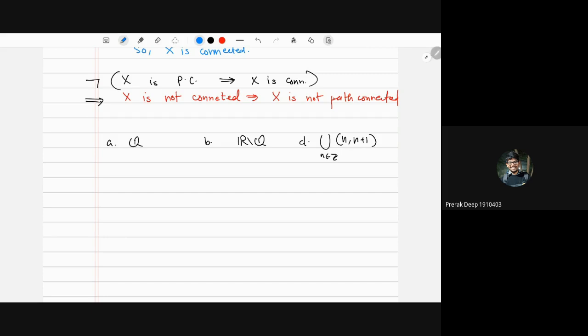We have already seen in the last session that Q is not connected. What was the separation that I gave last time?